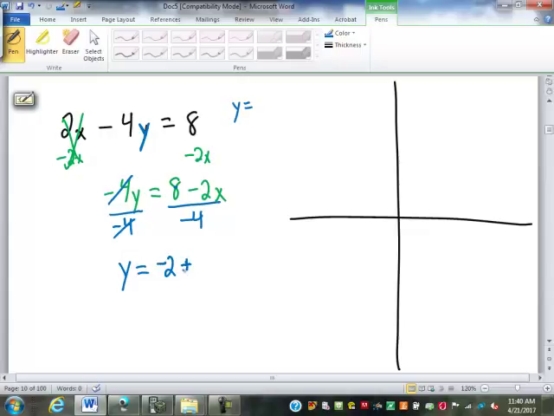Negative divided by negative is a positive. Then we take the coefficient of the x, the 2, and we put it over the 4 to get 2/4, or 1/2 x.